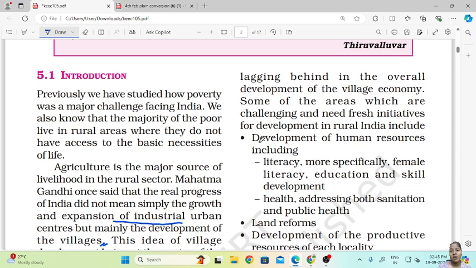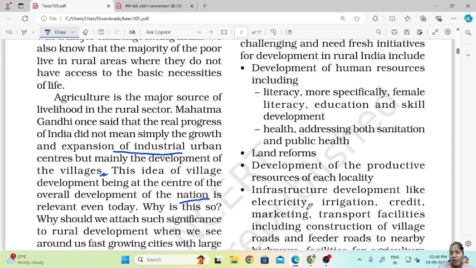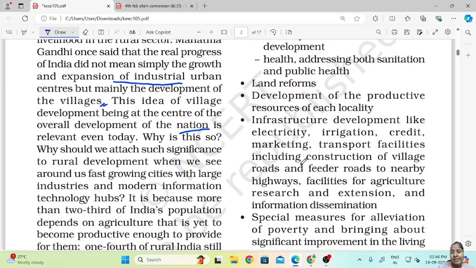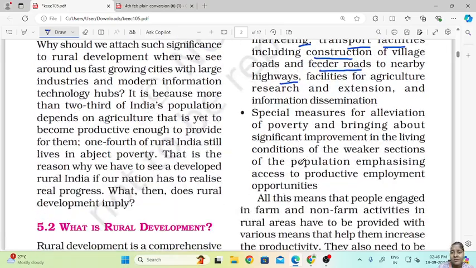This includes literacy, like proper education, health addressing both sanitation and public health, land reforms, then development of the productive resources of each locality, infrastructure development like electricity, irrigation, credit, marketing, transport facilities, including construction of village roads and feeder roads to nearby highways. These are some of the things.